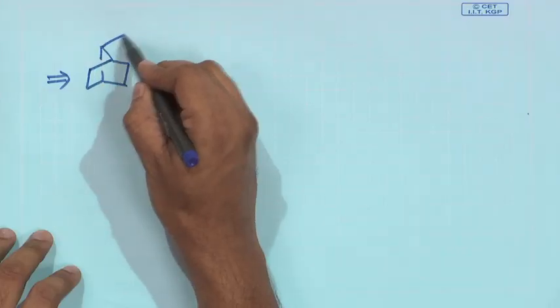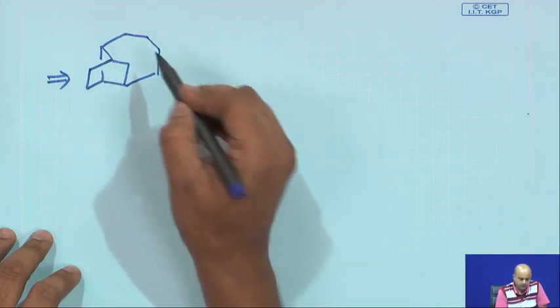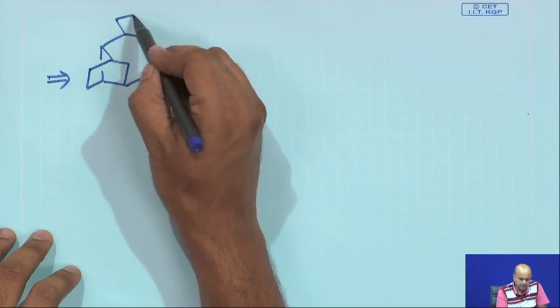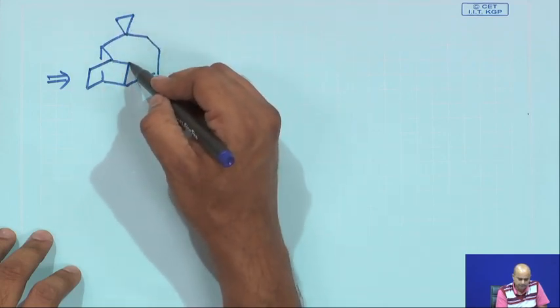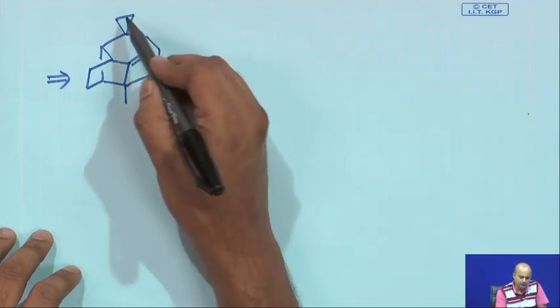Now, for this molecule, if we again do the structure, or I won't draw the structure completely, I will rather do the retro. So, I initially visualize that if I have something like this 1, 2, 3, if I have something like this kind of intermediate, probably I can, this is basically a overbred.